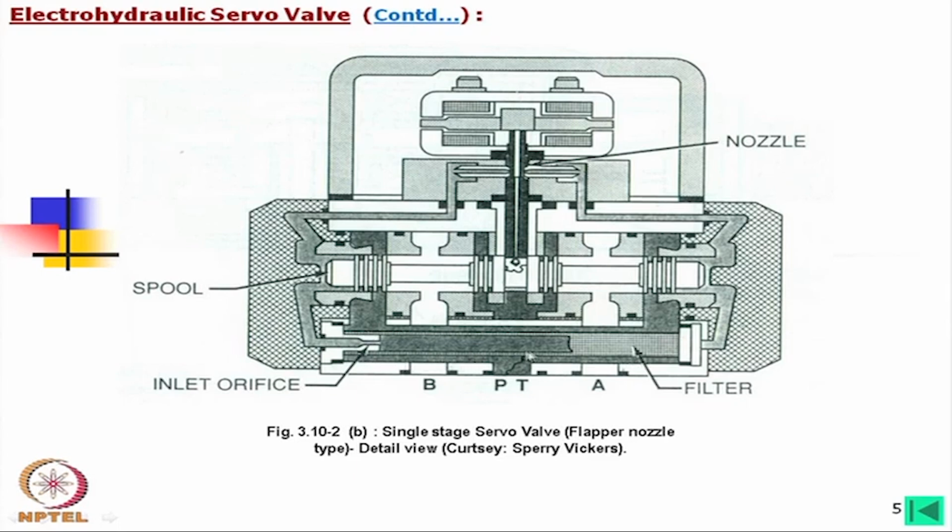So, flow is going through these filters. Now, this filter is an additional filter; apart from this there will be another filter which is called the high pressure filter. This is connected in the line from where the flow is coming to this system.